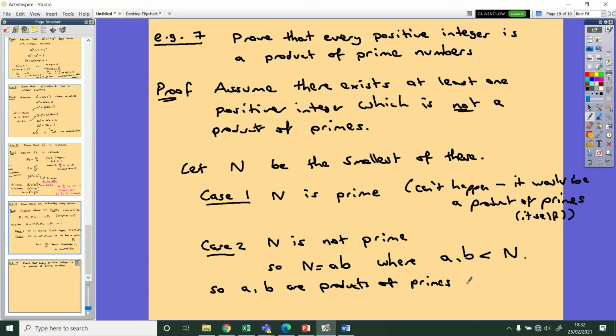Okay, so that's because of this. So if I can write A and B as products of primes, then let's do that quickly. A is P1, P2, P3, up to PR. And then B is another product of primes, let's call it Q1, Q2, Q3, up to QS. So these are the primes that make up A, these are the primes that make up B. If I were to then multiply them all together, I get a long list of primes.